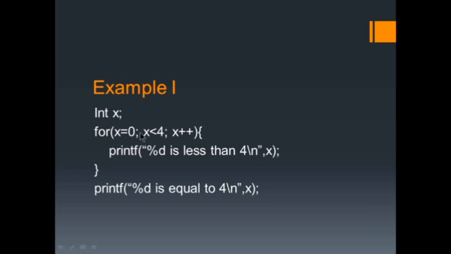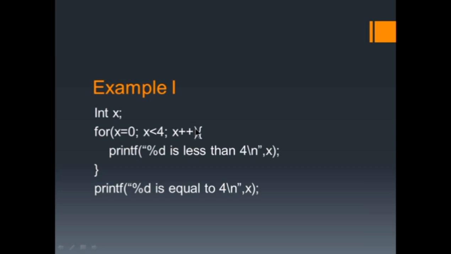Then printf will start, and then it will check the condition. Yes, the condition matches, because 2 is less than 4. And here we write %d as 2 is less than 4, because x has a value of 2 after this increment.